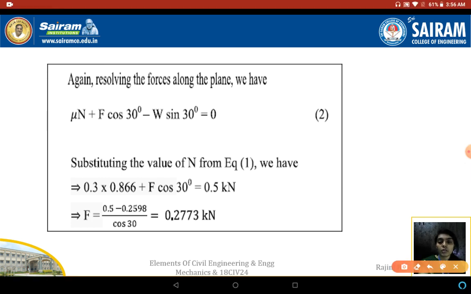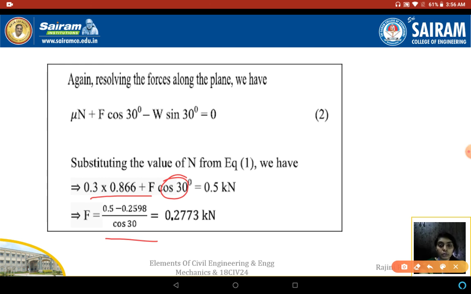So here you can see 0.3 into 0.866 plus F cos 30 degrees is equal to 0.5 kilonewton. Shifting everything to this side, F is equal to 0.5 minus 0.2598 divided by cos 30 degrees. If you substitute, you will get 0.2773 kilonewton.